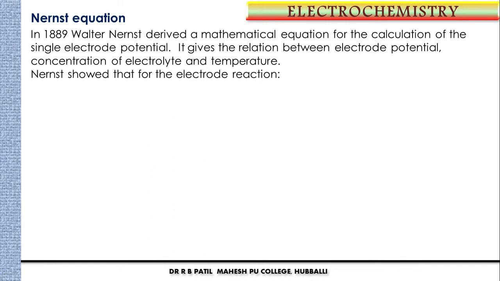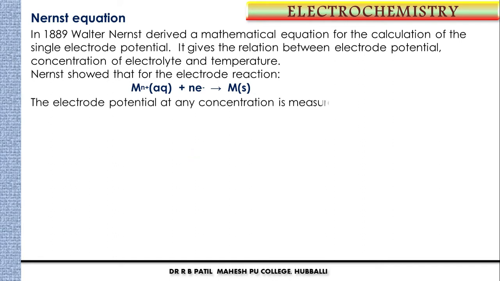Consider a half cell reaction of the type M^n+ ion gaining n moles of electrons and reduced to metal M. The electrode potential of this electrode at any concentration can be calculated with the help of the Nernst equation, as follows.